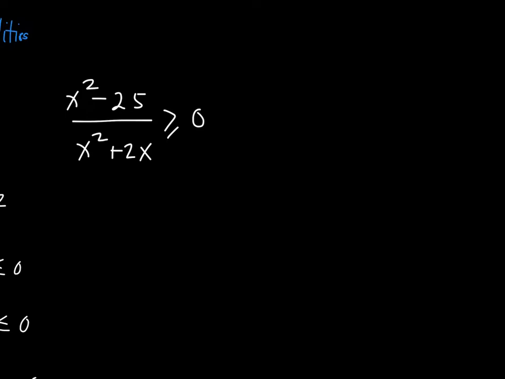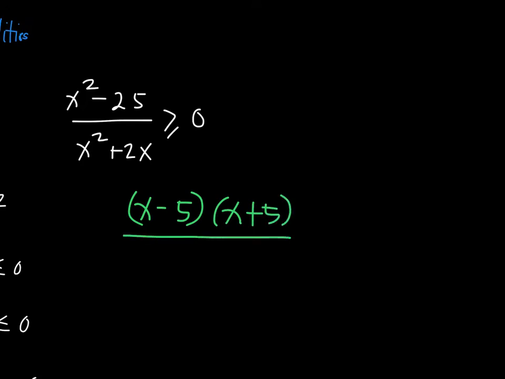The next step is to factor the numerator and the denominator of the left side. So x squared minus 25 is x minus 5 times x plus 5, and on the denominator, that's not a special product, but you can have x as a common factor, so factor that out, and then you have x plus 2. Then this is greater than or equal to 0.